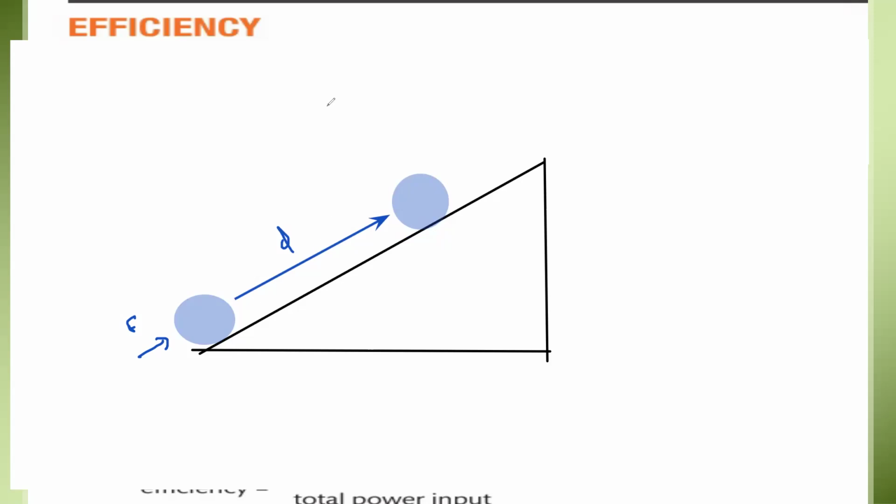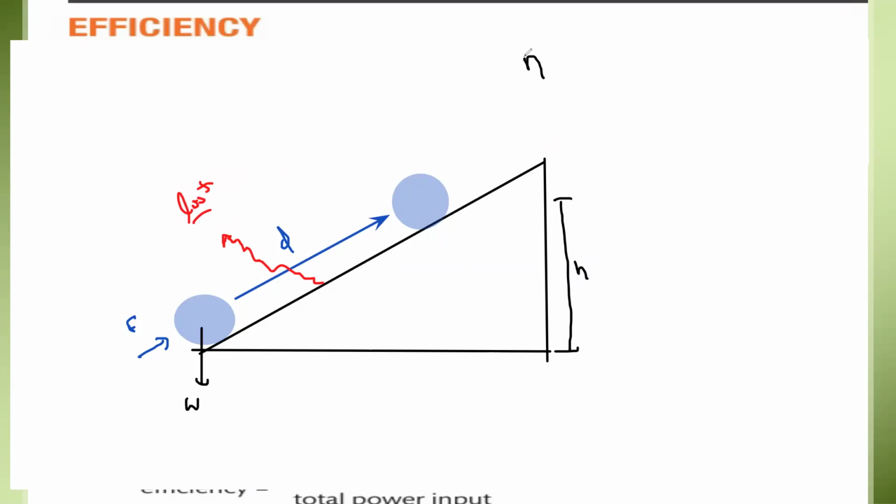While we are moving this object, it loses some of the energy because of friction. The weight of the object acts downward, and by this force F we move the object to a height h.